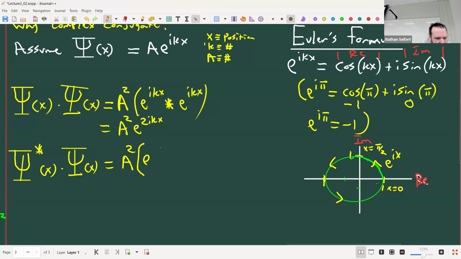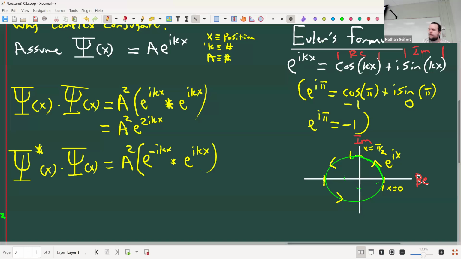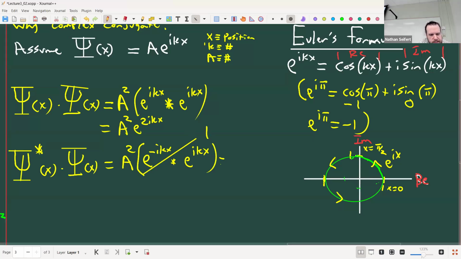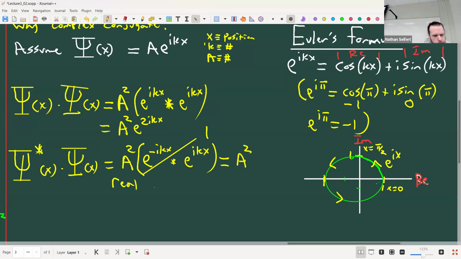So instead we have e to the minus ikx times e to the ikx, and these cancel out. It just goes to 1. So this is left as A squared, a real number. That's something we can measure.